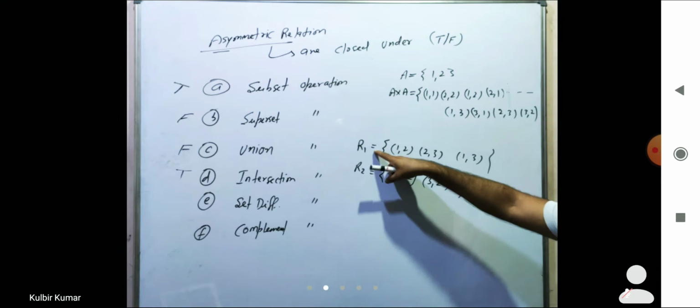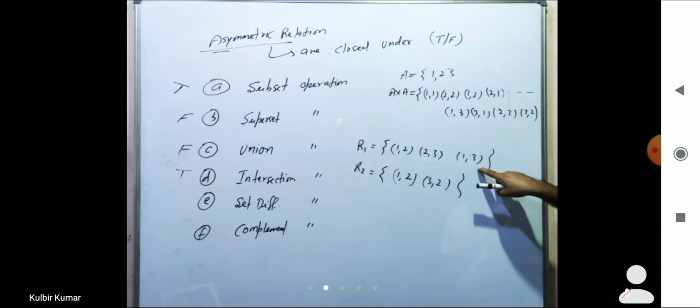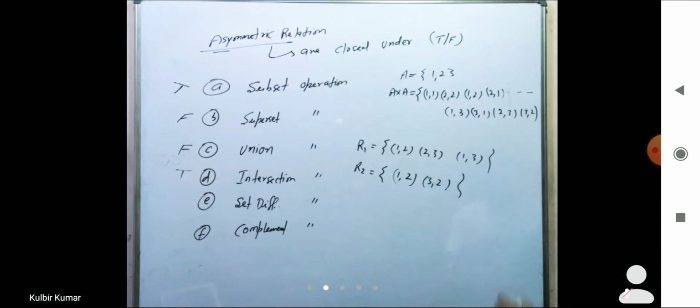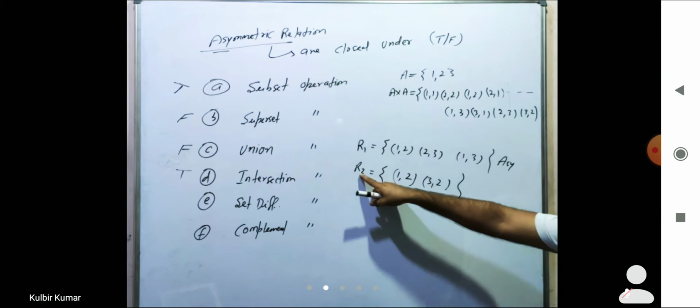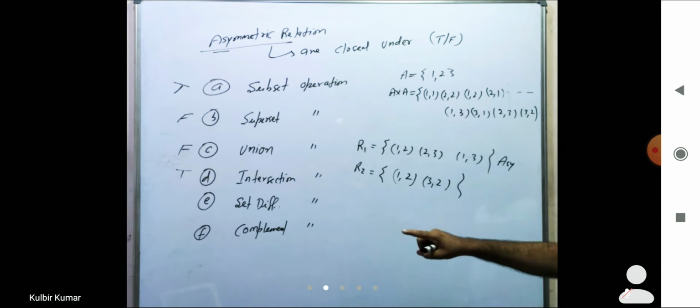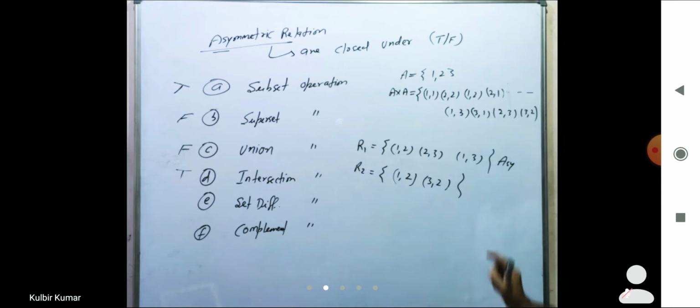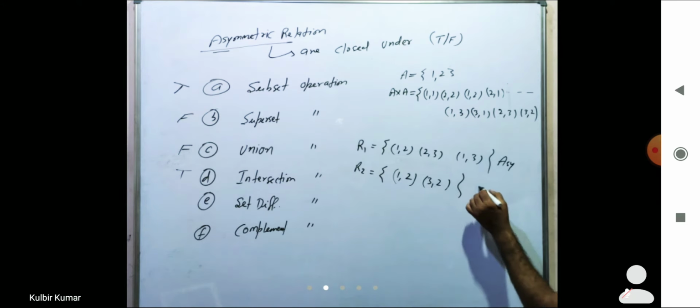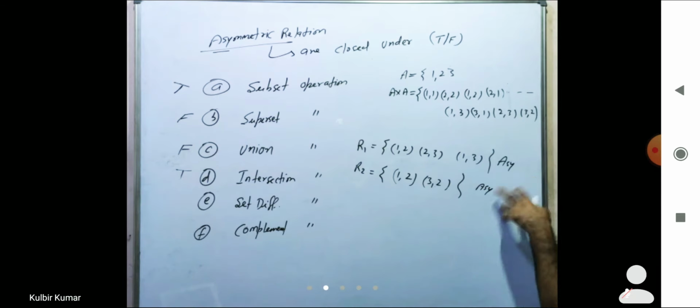By looking at this, it seems definitely asymmetric. What about R2? R2 is also asymmetric because it has (1,2), so (2,1) is not given, and (3,2), so (2,3) is not given. So these two relations are asymmetric type.